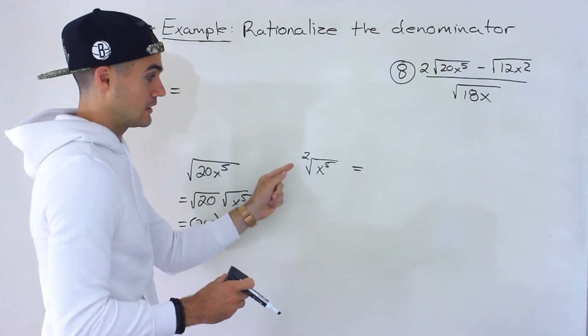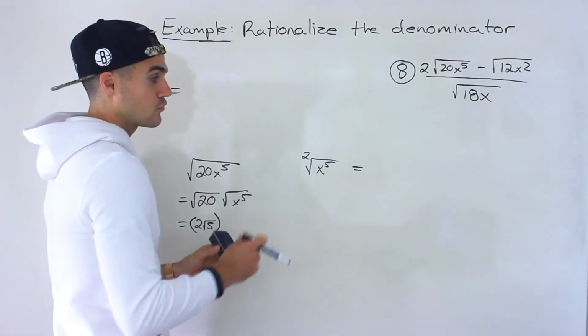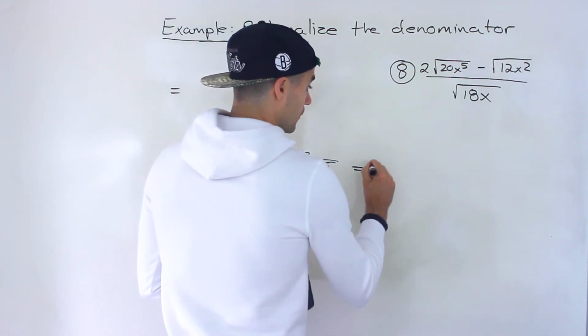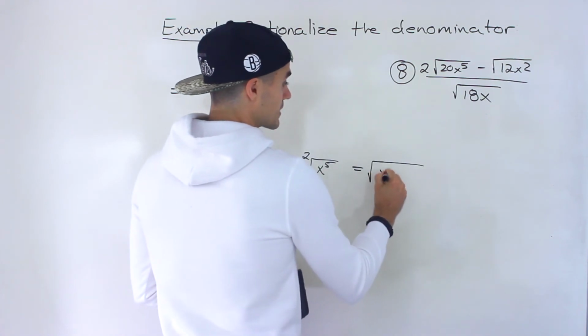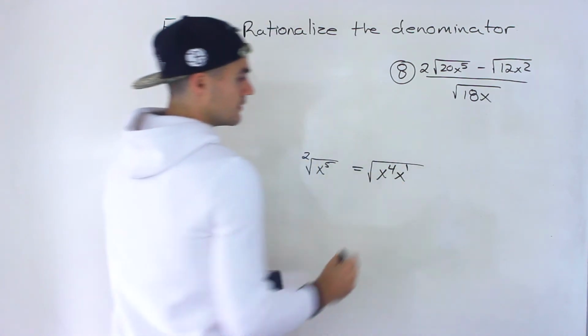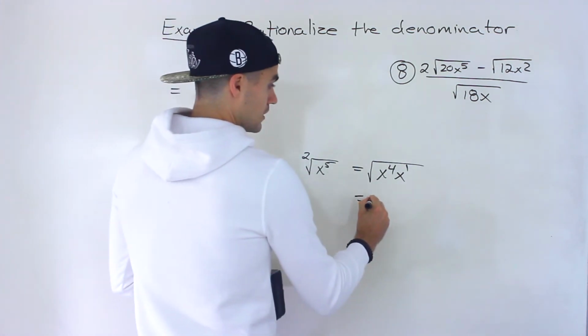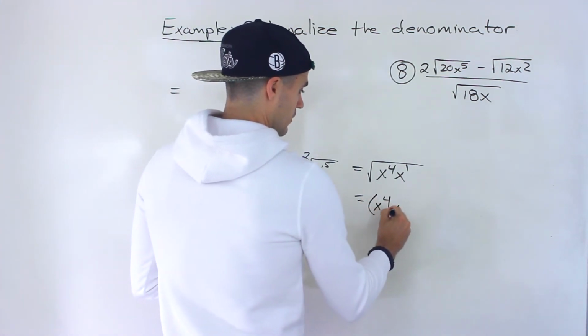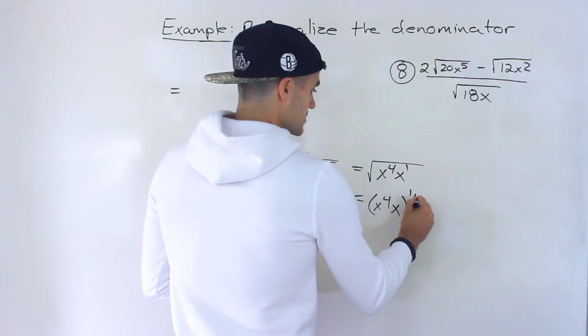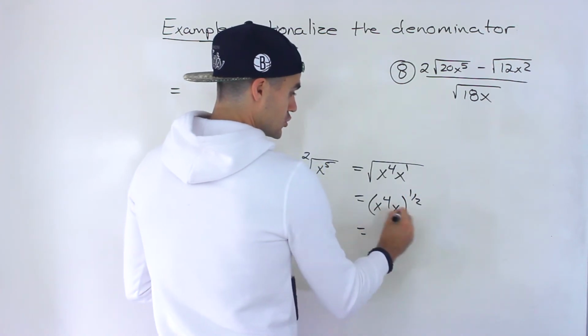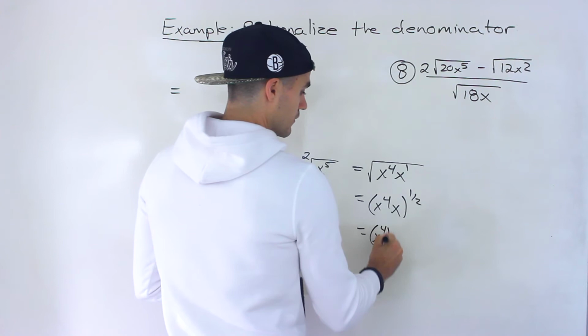So the highest one that is less than or equal to 5 would be 4. So what we want to do is split up that x to the 5 to be x to the 4 times x to the 1. And so from here, let me put this to the power of a half, and then each of these can go to the power of a half.